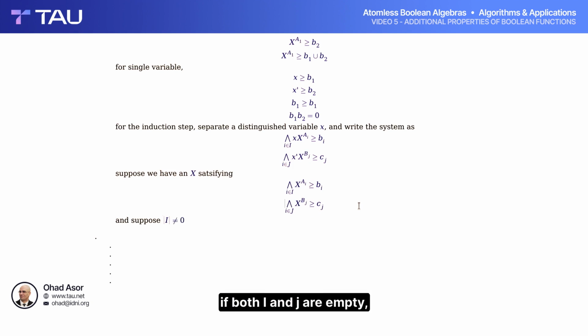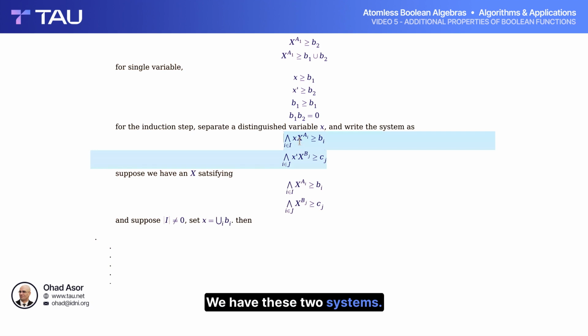Of course, if both I and J are empty, then we have no system. If only I is empty, then we can solve for X prime instead of solving for X. So let's just assume that I is non-empty. Now we can come up with an ansatz. Just set X equals the union of all bi.